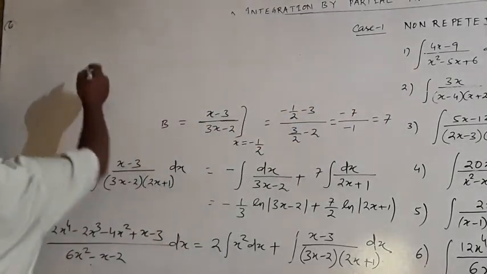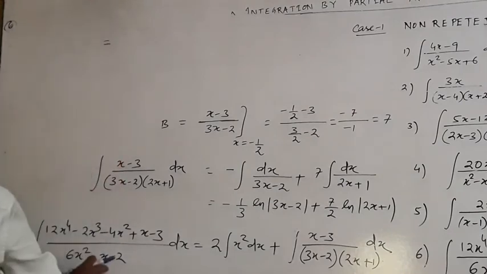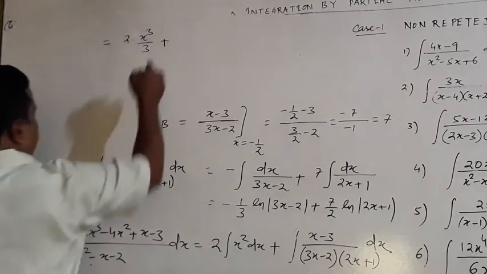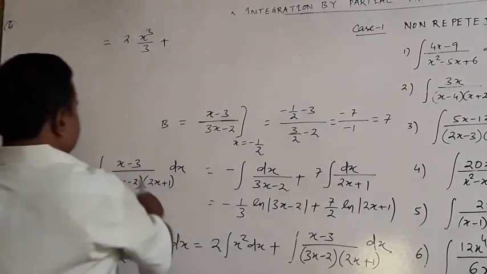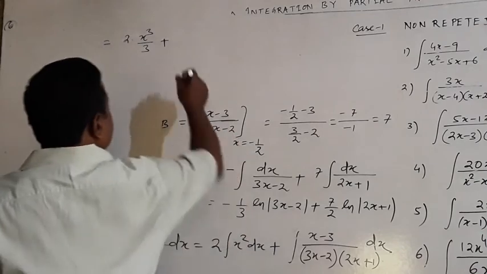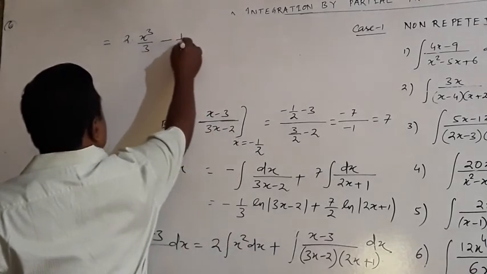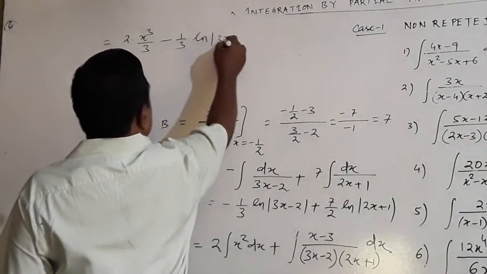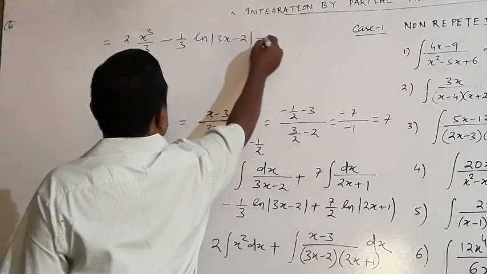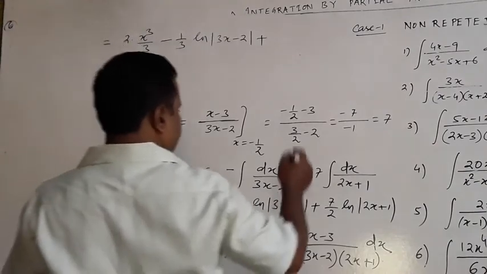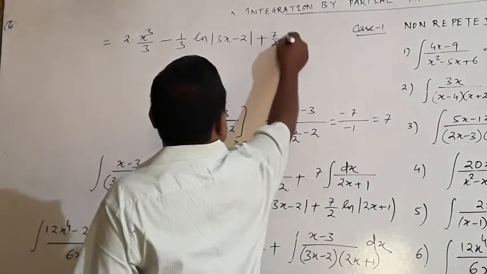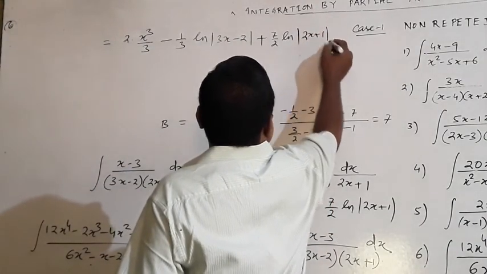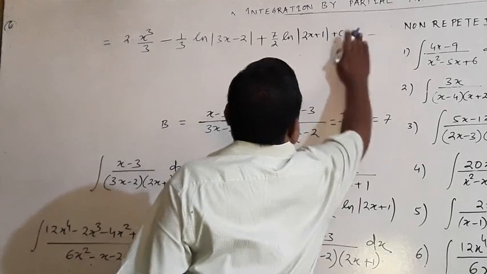The answer is equal to 2x cube by 3 minus 1 by 3 ln 3x minus 2 plus 7 by 2 ln 2x plus 1 plus c. Okay.